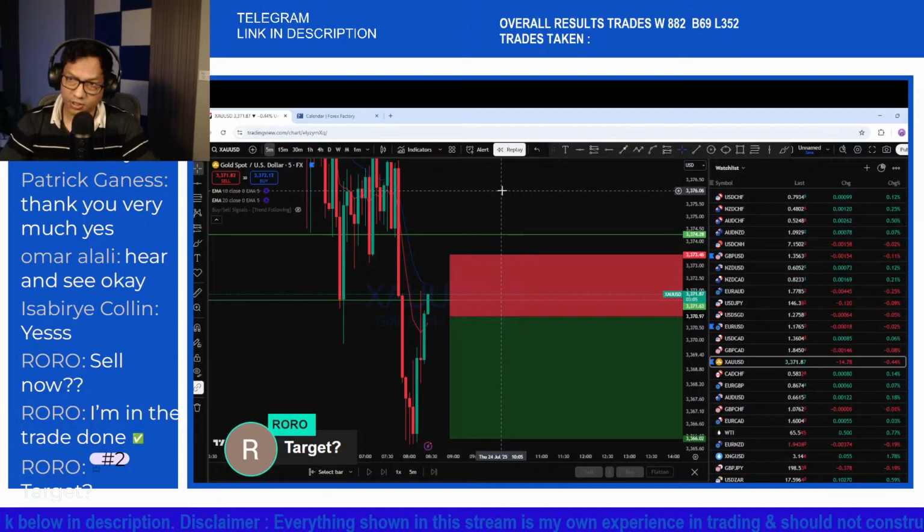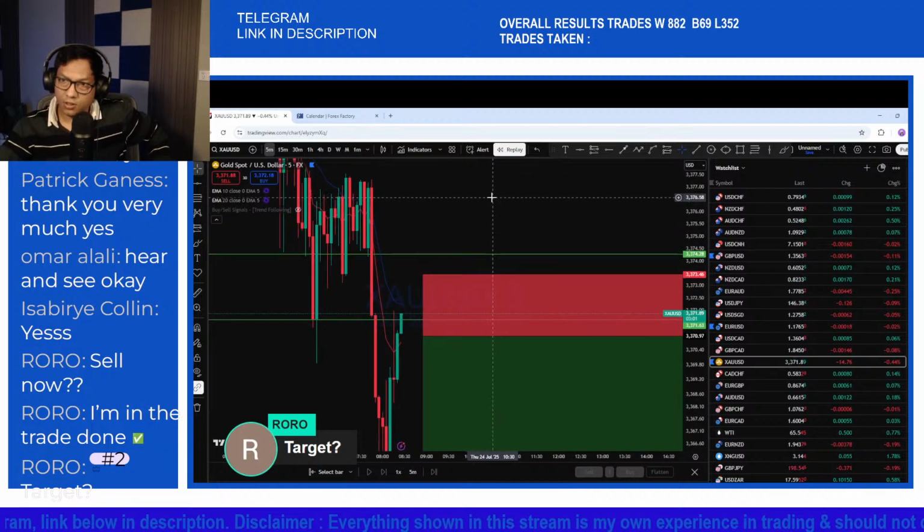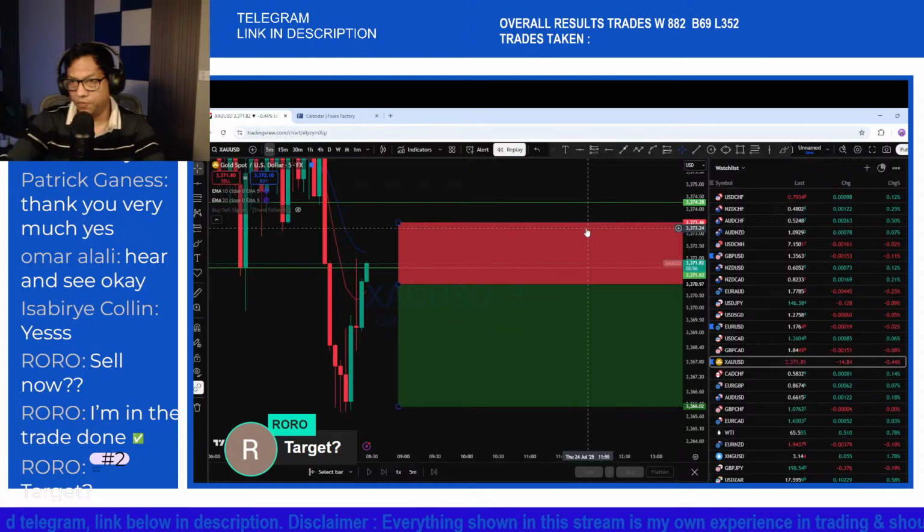So is this market getting a rejection from this 15 minutes 20 EMA, or returning back again below?